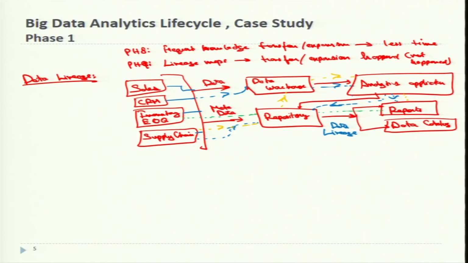Data lineage is nothing new, as we do in ISO applications, in quality management systems. When we develop medical devices, we track from where the material of the product has come, who was the manufacturer of the material, and whether the person who manufactured or supplied the material is also ISO certified or not. The operator who is working on the machine, is the person certified to work on it or not?